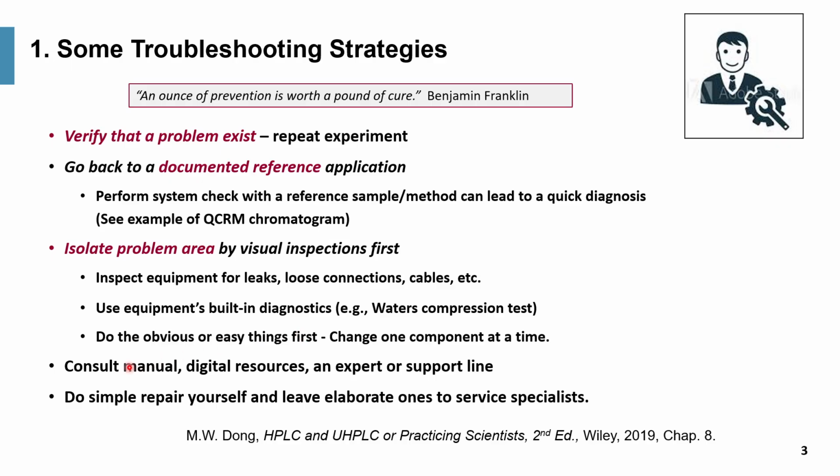Also, doing the easy things first, try to change one component at a time. Finally, there are many resources: manuals, digital resources such as CD-ROM, web resources, and finally, you can call the expert or support line from your vendor or the manufacturer.